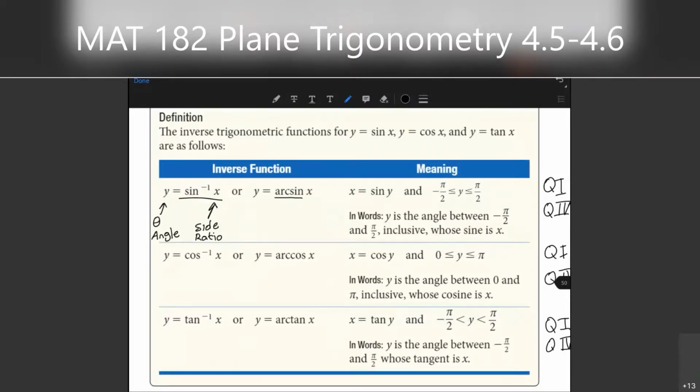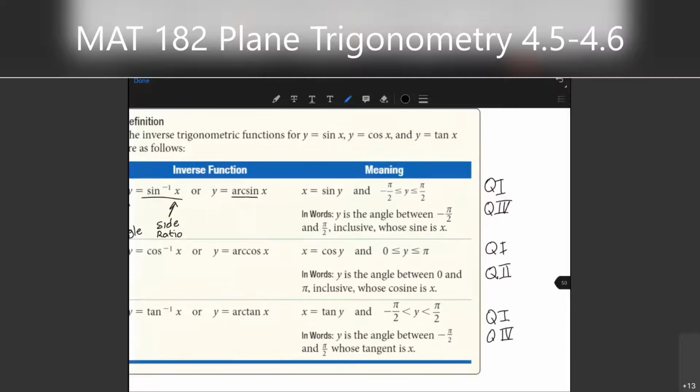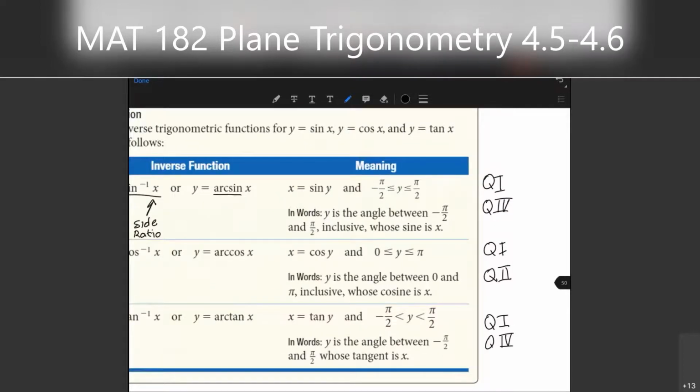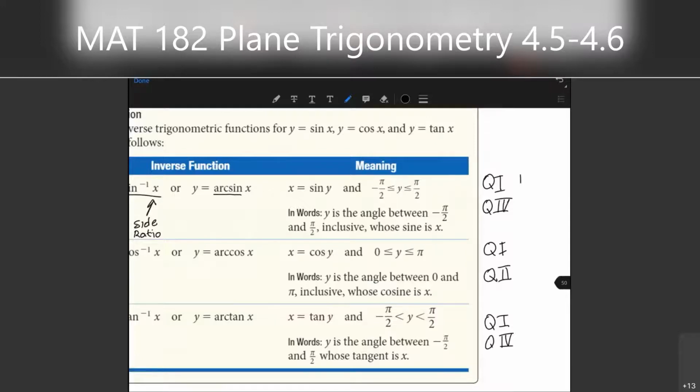Another thing that's important for us to note is that the sine, cosine, and tangent will have solutions in specific quadrants. So for a sine function, the result of an inverse function can actually only be in two places. If the sine has a positive ratio, then our angle is going to be in the first quadrant.